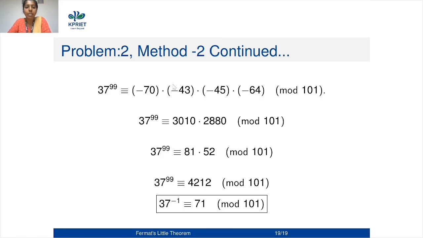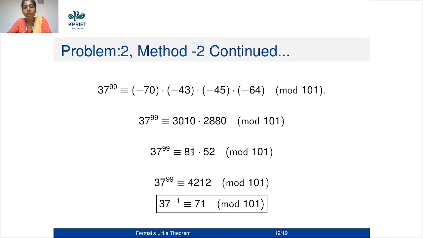Here I can take the first two numbers and make a product, and the last two numbers and make a product. After finding the products, 3010 gives a remainder of 81 when divided by 101, and 2880 gives a remainder of 52 when divided by 101.